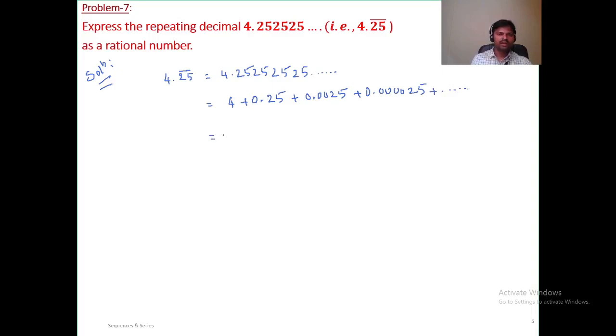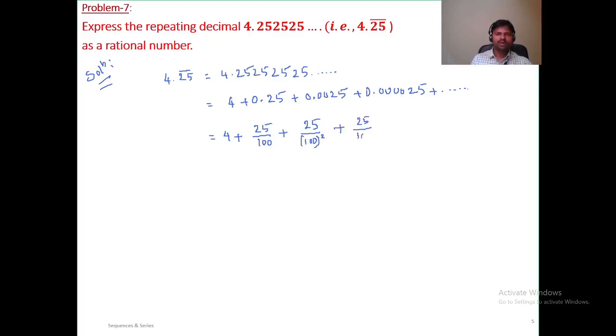But this I can write as 4 plus 25 upon 100, which is nothing but 0.25, right? And this is 25 upon how many places after the decimal? 4 places. That means 100 into 100, or 100 square. Next, 25 upon, after the decimal how many places? 1, 2, 3, 4, 5, 6.